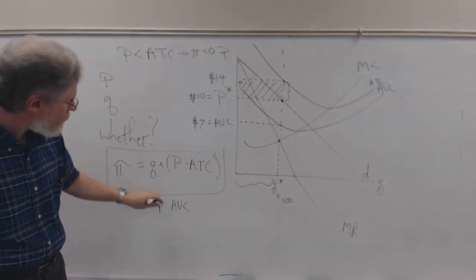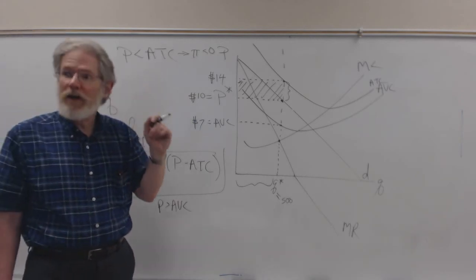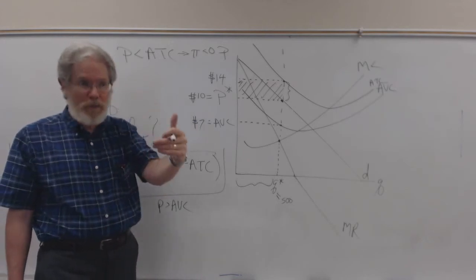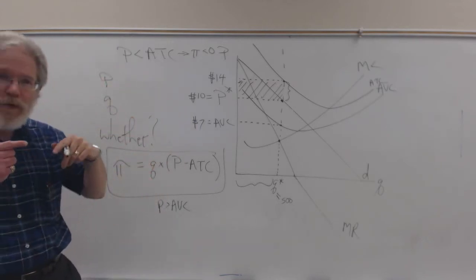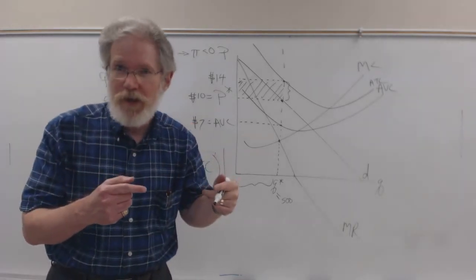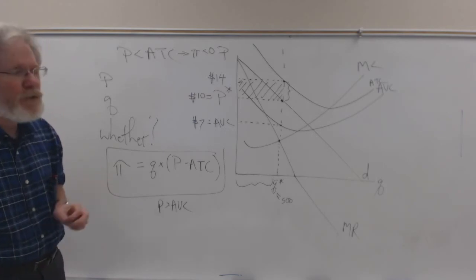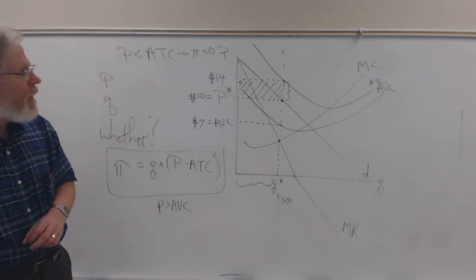So we would say, since his price is above AVC, he's not going to shut down temporarily. He's going to keep producing, even though he's losing money. It's in his interest to keep producing because he won't lose as much by producing as he would if he shut down.